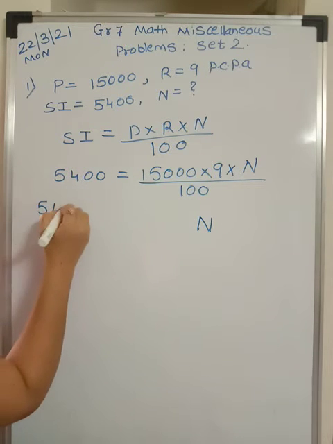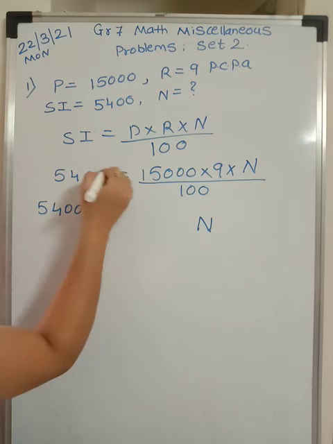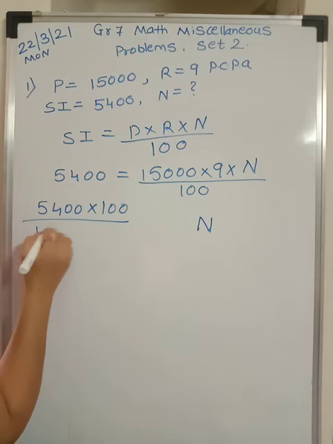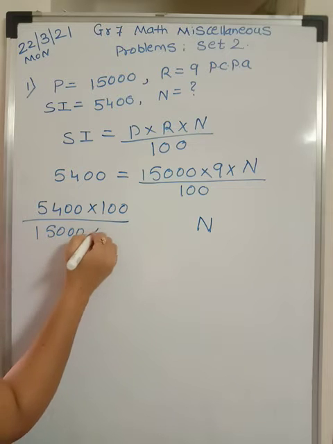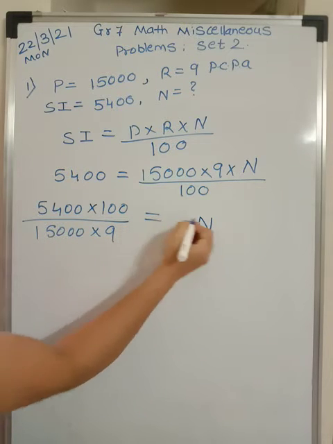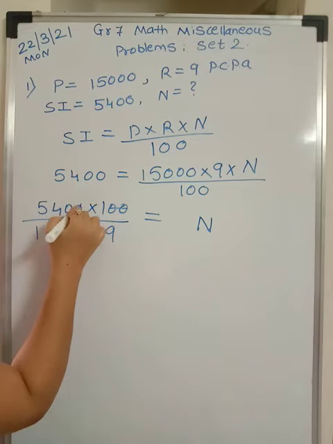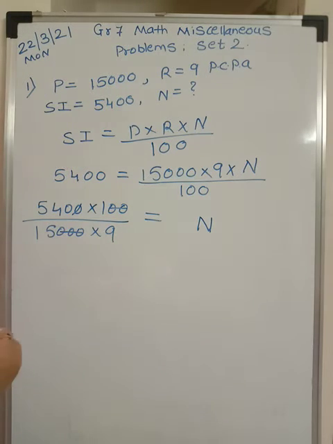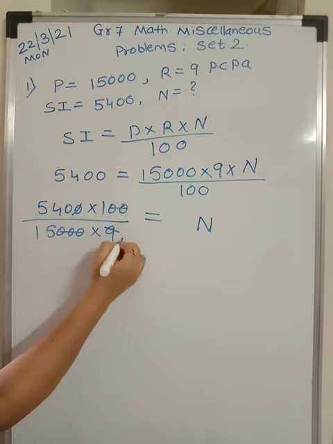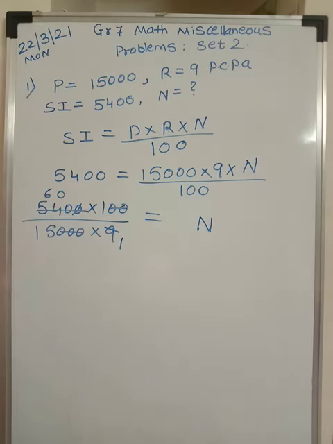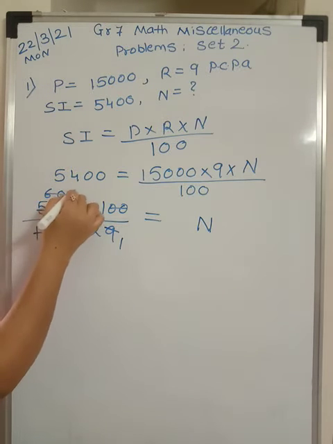So we have 5400 into 100, and this both will go in division. That is 15,000 into 9, which is equal to N. Okay, 3 zeros, 1, 2 and 3 zeros. Got it? Okay, 9 ones are 9, 6 nines are 54, so 60. 15 ones are 15, fours are 60.